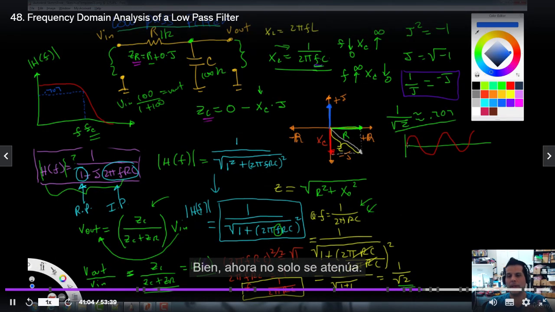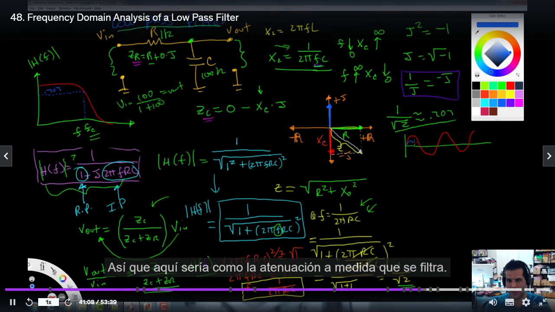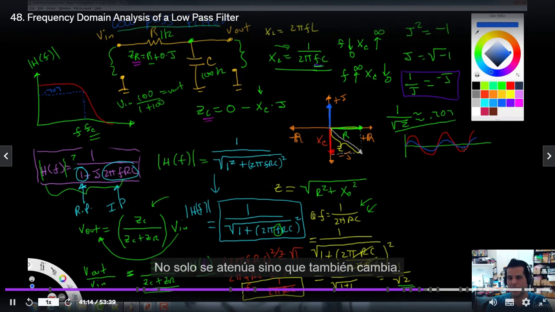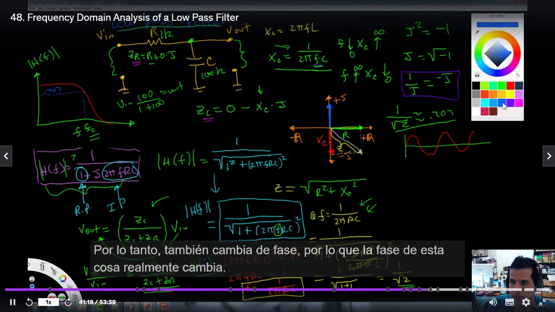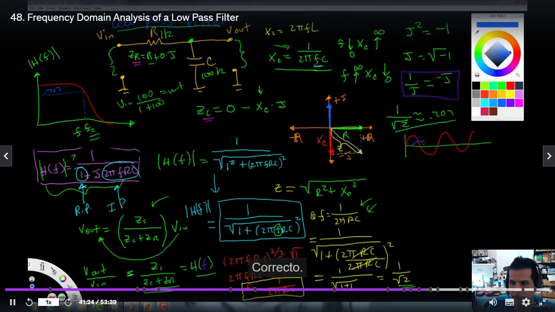Now not only does it attenuate, so here would be the attenuation as it gets filtered, but it also shifts. So it also shifts in phase. The phase of this thing actually changes too.